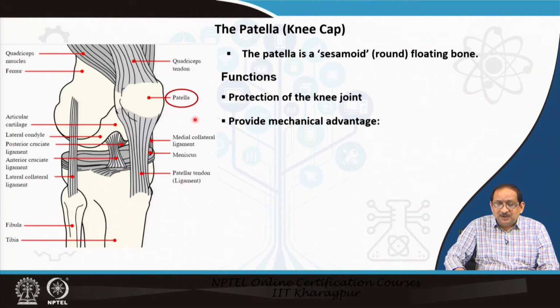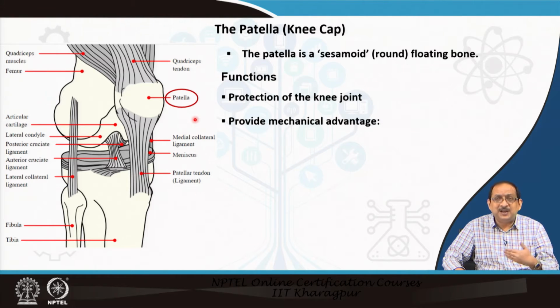The function of the patella is to provide protection to the knee joint. It is located on the anterior side of the knee joint, the front, and it provides protection from the anterior side.